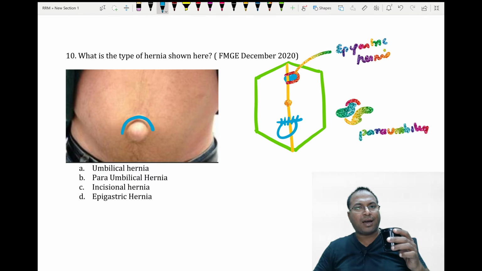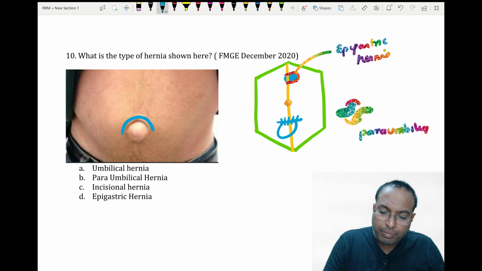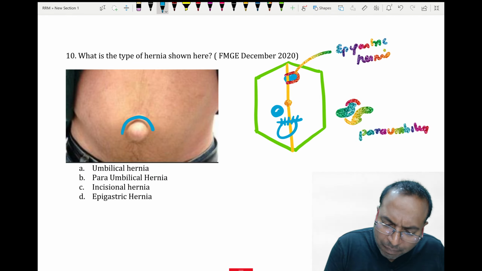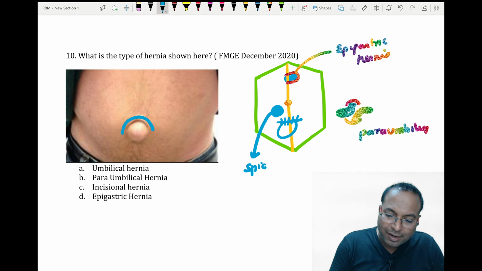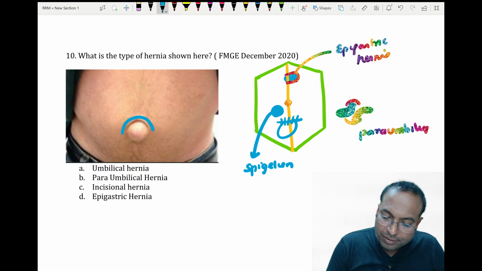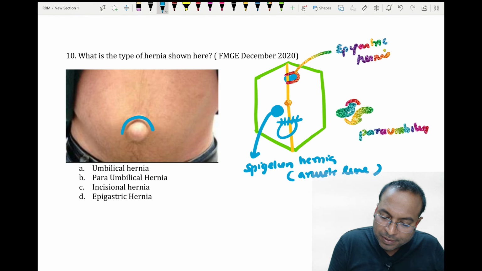A hernia infraumbilically like this, like a bulging, is known as Spigelian hernia. On the rectus sheath, the hernia seen at the arcuate line is known as Spigelian hernia.